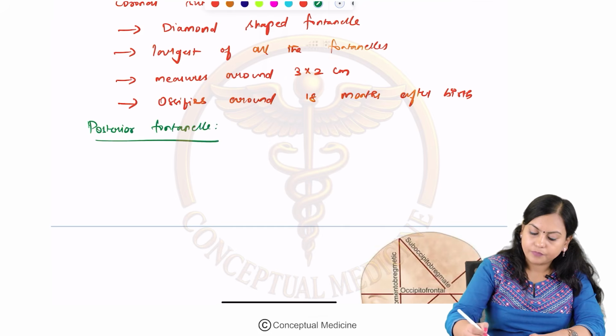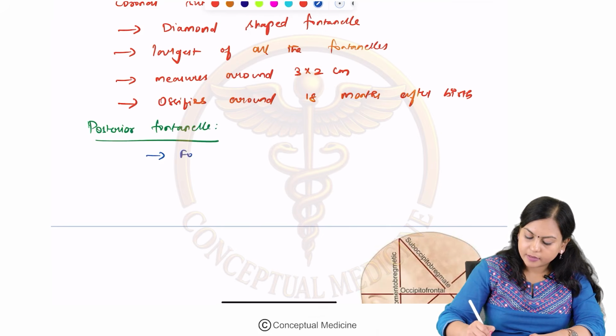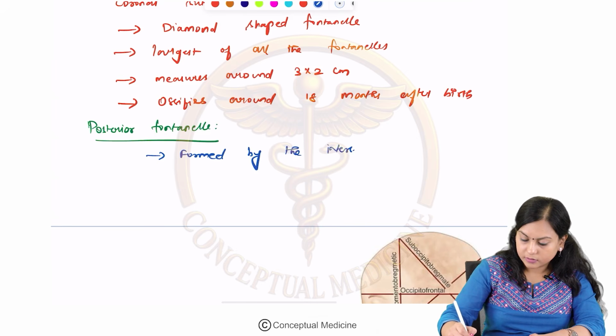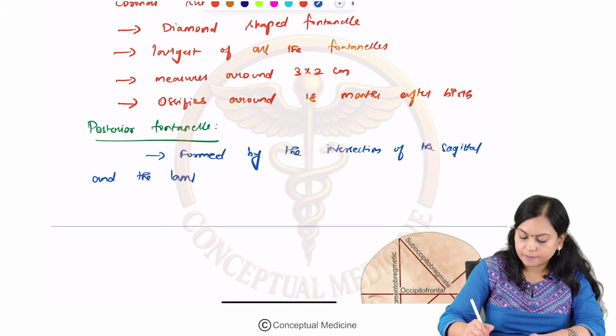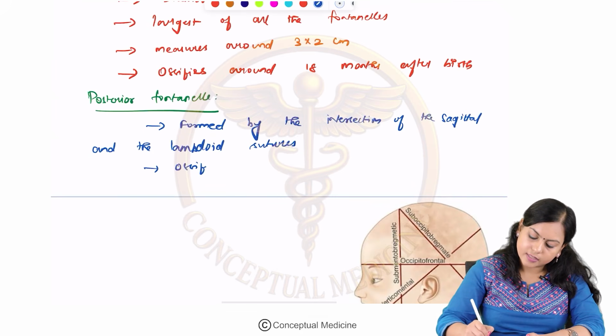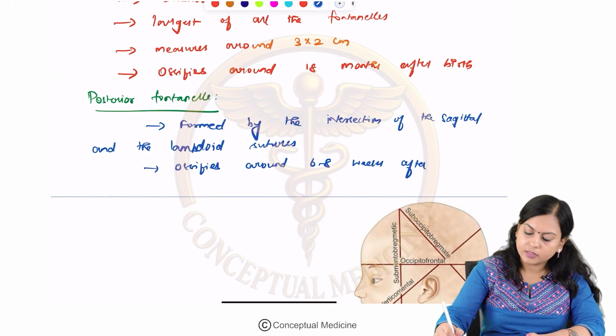Coming to the posterior fontanelle. Posterior fontanelle is formed by the intersection of the sagittal and the lambdoid sutures, and this ossifies around 6 to 8 weeks after birth.